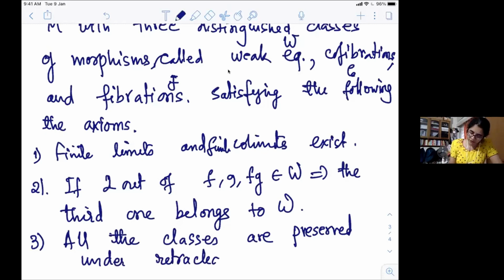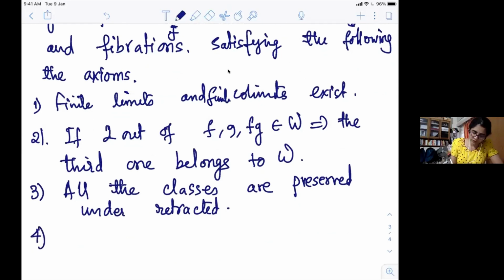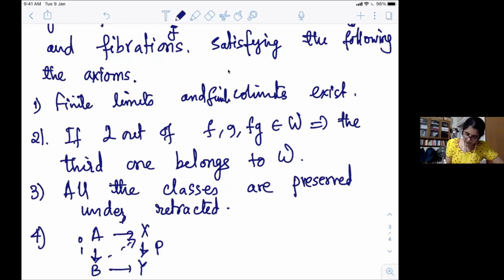The more interesting axioms, which you would have noticed that Samik talked about, are the weak factorization axiom, and the other one is about lifting. The lifting axiom basically says that if, let me draw a diagram of this kind, I will call this i, and this is p, and the corresponding things can be anything.